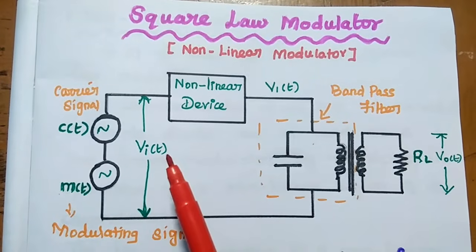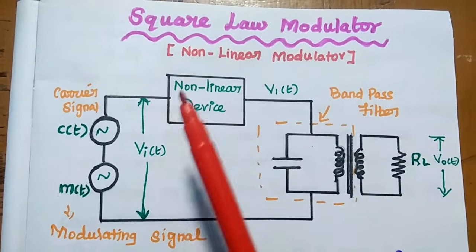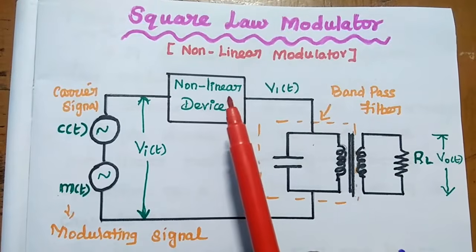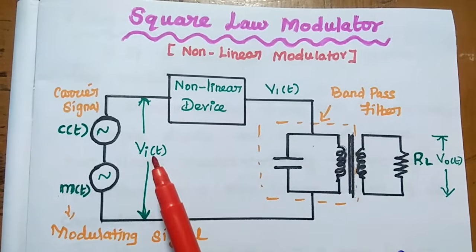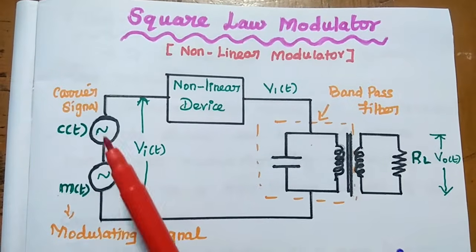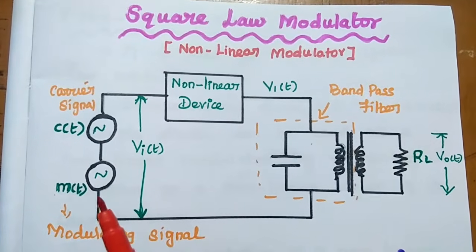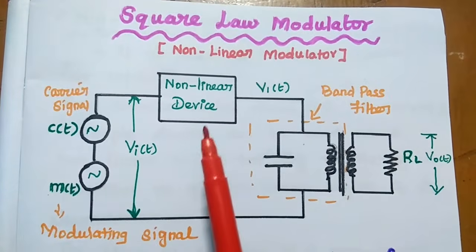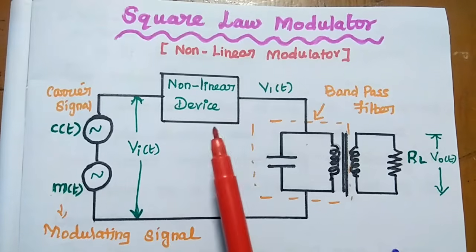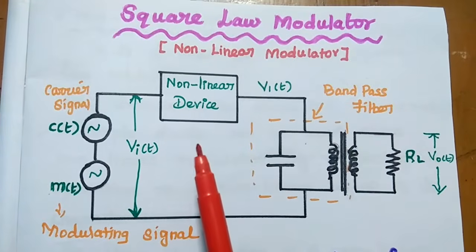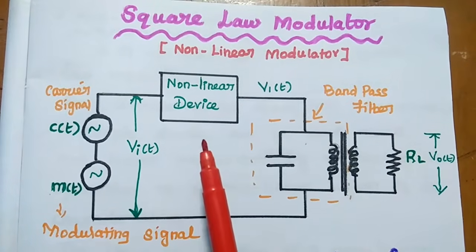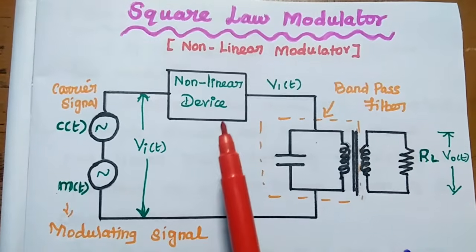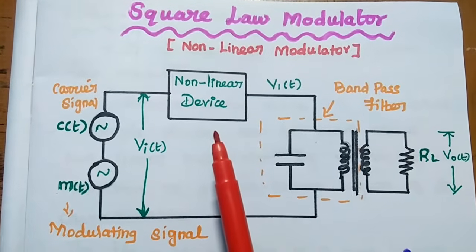Here Vi of t is the input to the nonlinear device, that is equal to the sum of m of t and c of t. The next important component is the nonlinear device. It is mainly used to implement the square law modulation technique.